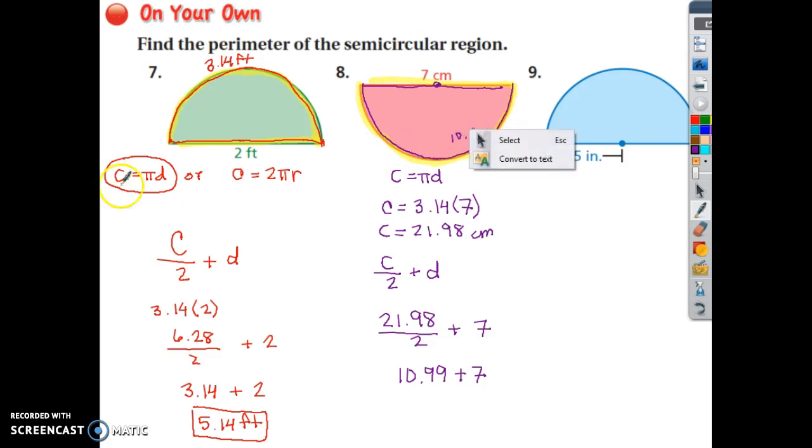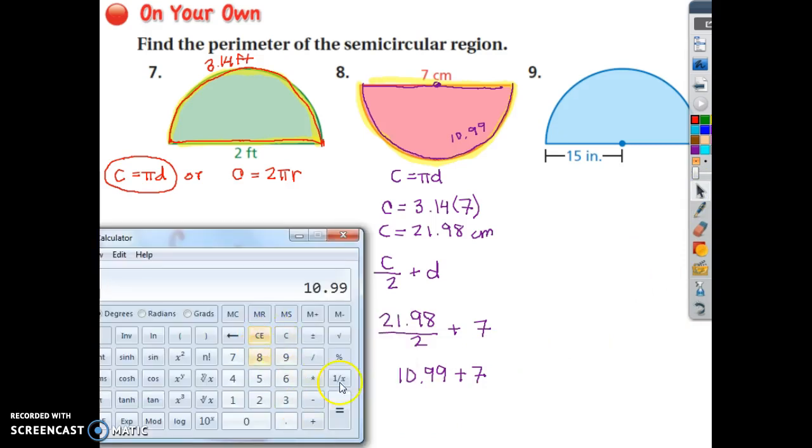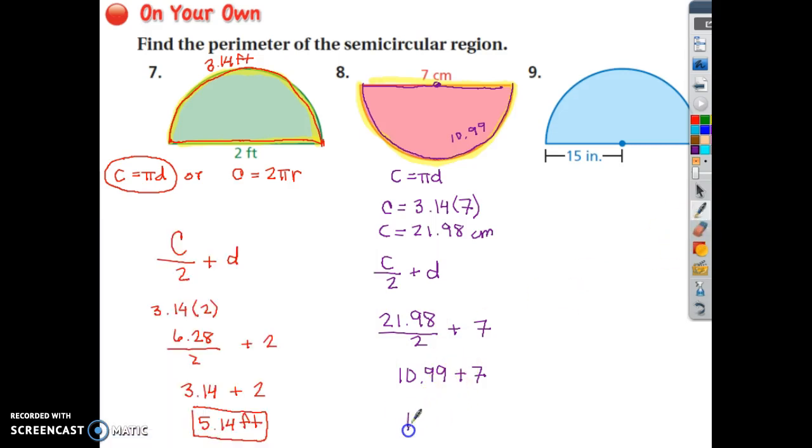If you were to use the 22 over 7 instead of 3.14 here, your answer will be slightly different, but still very close, and that's perfectly acceptable. As long as our answers are very close for this section, they might not be exactly the same. So now I just need to add in 7, and I find that my total distance around the outside is 17.99. So the perimeter of this semicircular region is 17.99 centimeters.